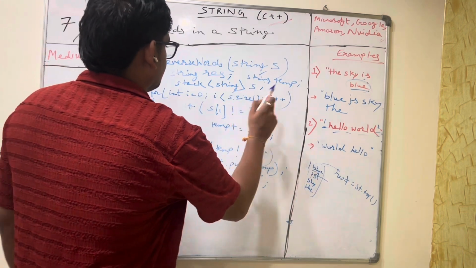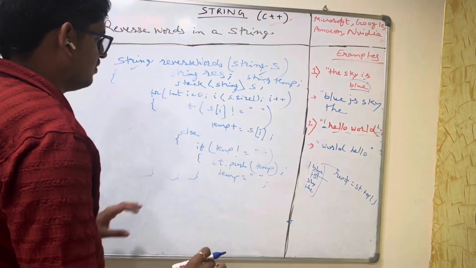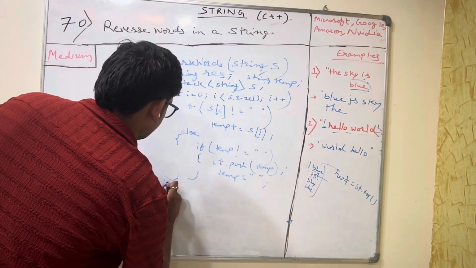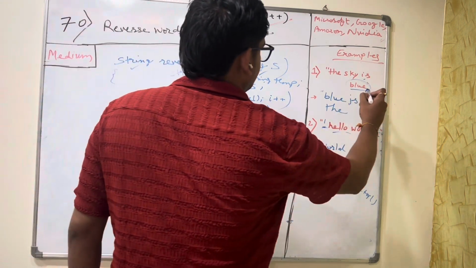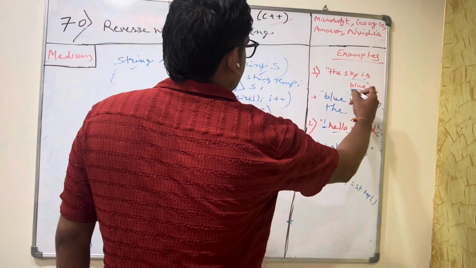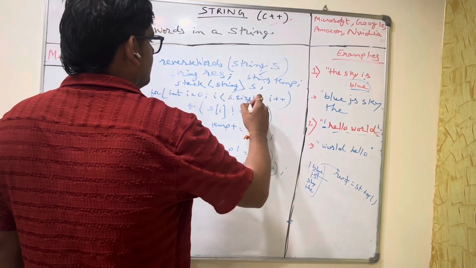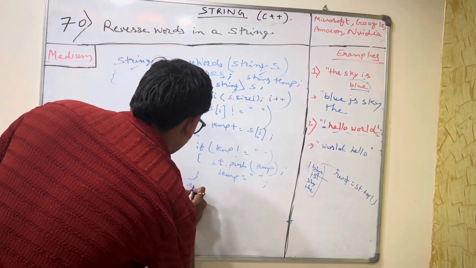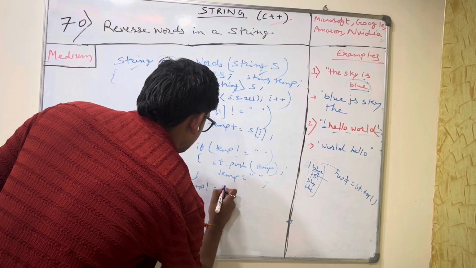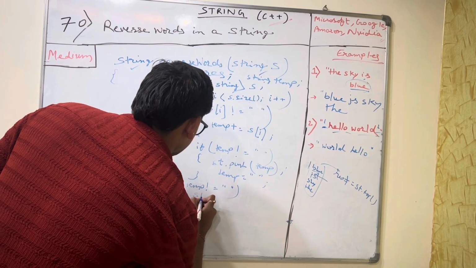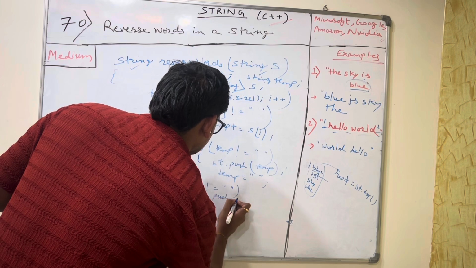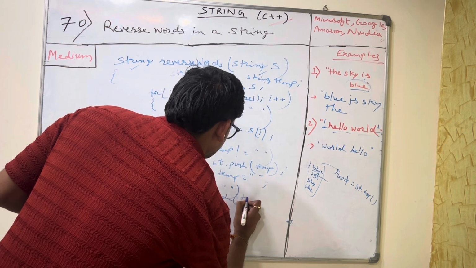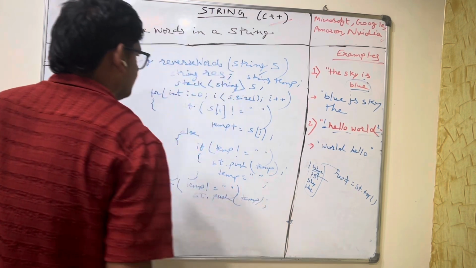Now after traversing it, at the end, when we traverse blue and temp will be blue, and since the size will be crossed of the string, we see if temp is not empty, then again we need to push the last word into the stack, okay.